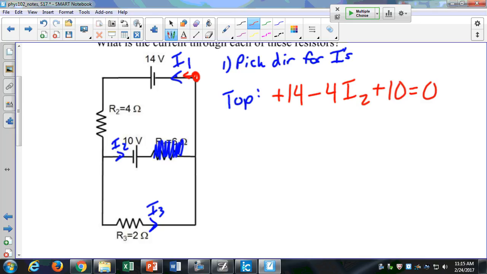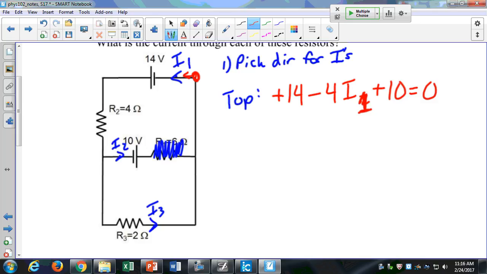And then I get plus 10 because I'm going up the incline. Oh yeah, it should be I1. Thank you. All right, that's an I1.